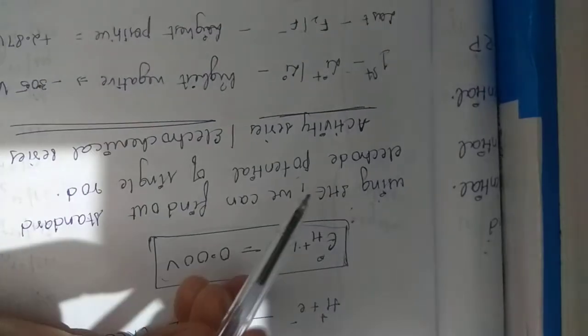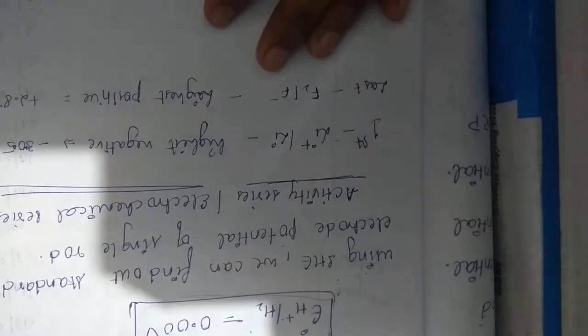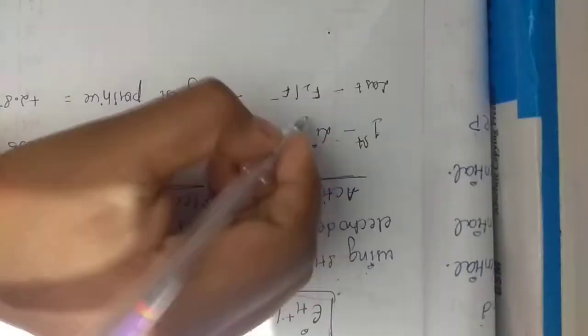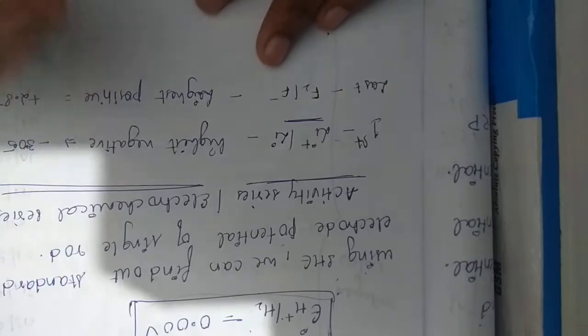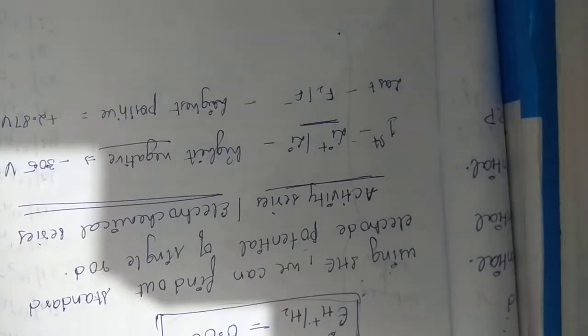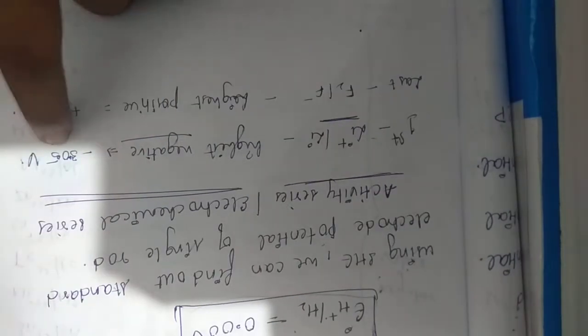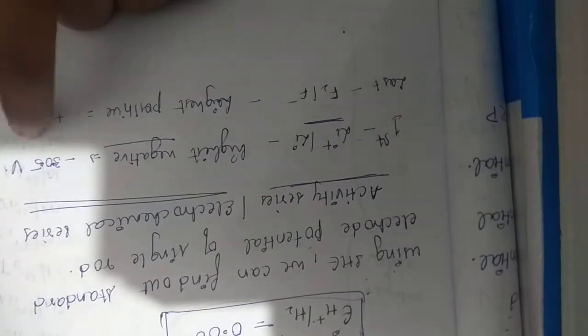Now we have something called the activity series, which is also called the electrochemical series. The first thing in the activity series is lithium, Li plus and Li, which has the highest negative value in the whole electrochemical series, that is minus 3.05 volts.